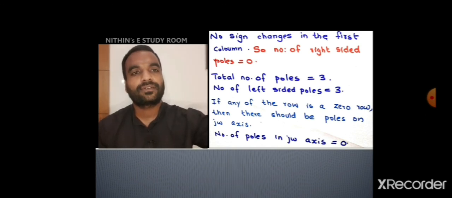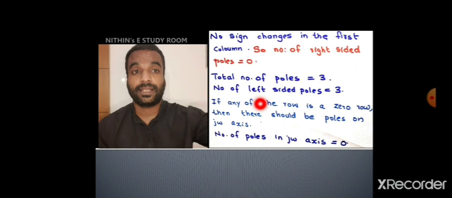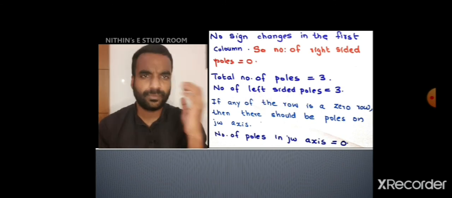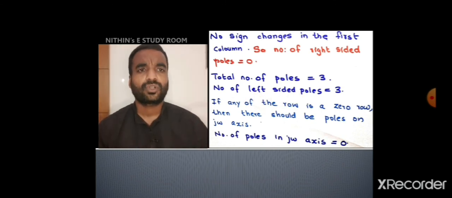You have to check that the total number of right side poles is equal to 0, and then check whether there is any zeroth row. No means there are no poles on the j omega axis. Then you write the total number of left side poles, which makes more sense: 3.